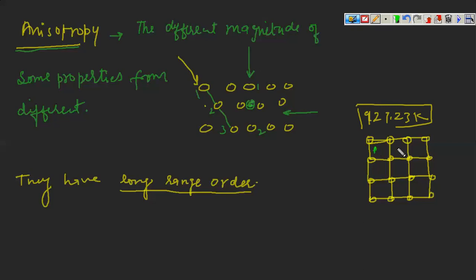So all the regions P, Q, R, S, T, U, V, W, X will melt at this temperature. This is what? Long range order. All the regions which exist throughout the solid are similar.